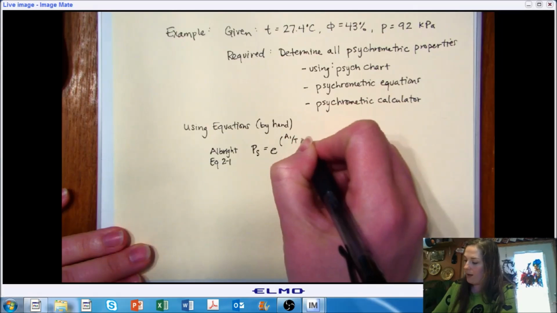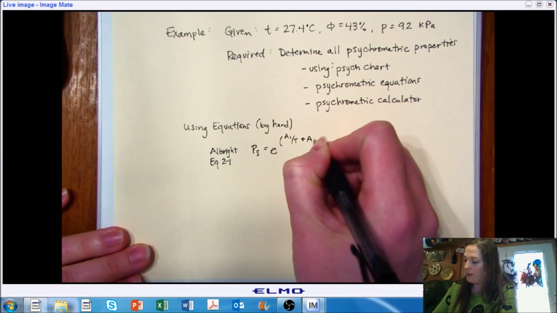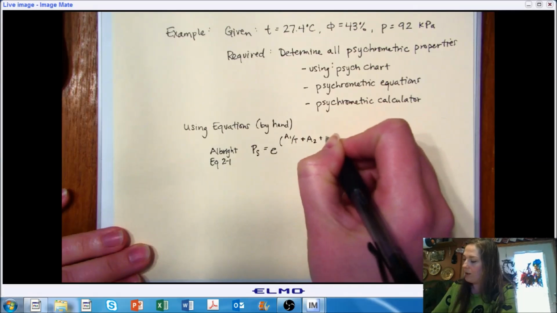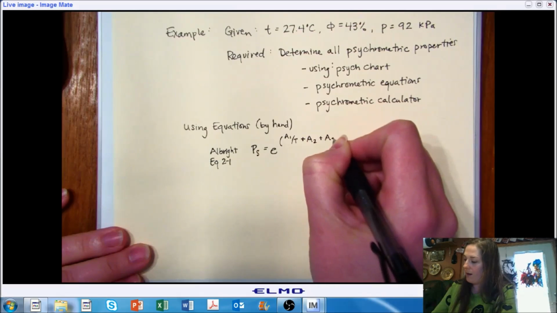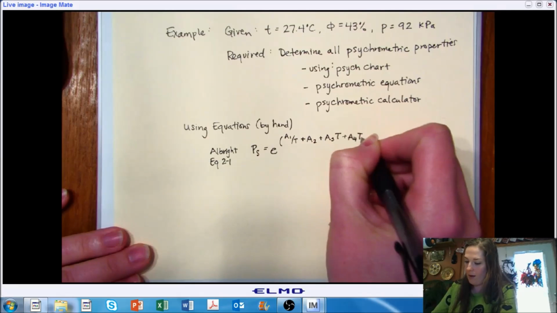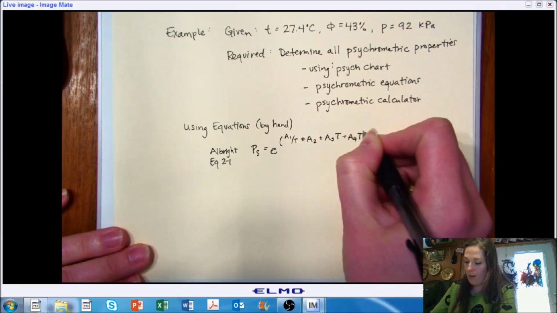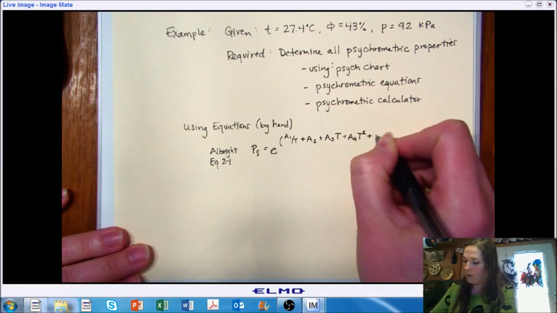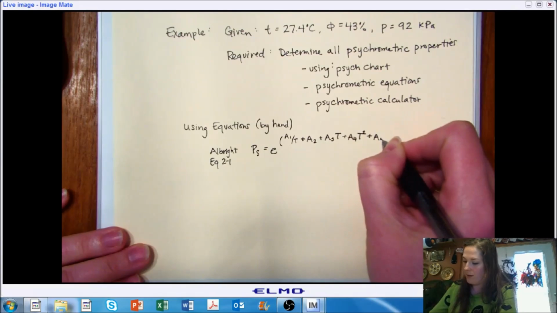If you've taken a look at it, you'll realize that it's a lot of coefficients and an exponential equation, and it factors in the absolute temperature. I'm not going to write out all of the coefficients for you, but I will write out the equation.